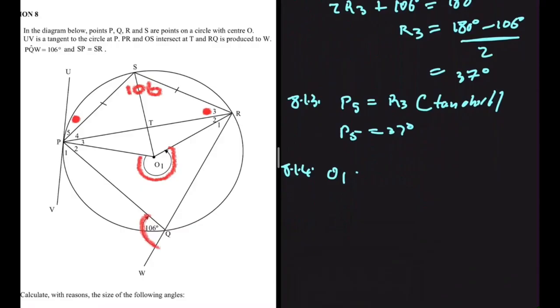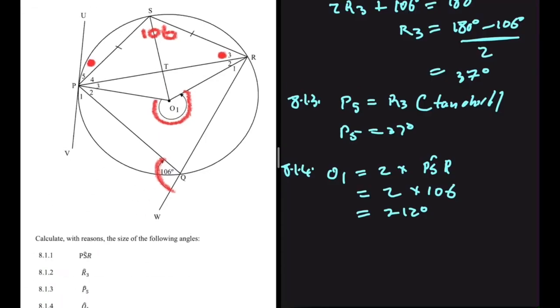So O1 is equal to 2 multiplied by PSR, which is 2 multiplied by 106, equal to 212 degrees. So O1 is equal to 212 degrees. Reason being that the angle at the center is 2 times the angle at the circumference. You have to give reasons for all the statements you're making.